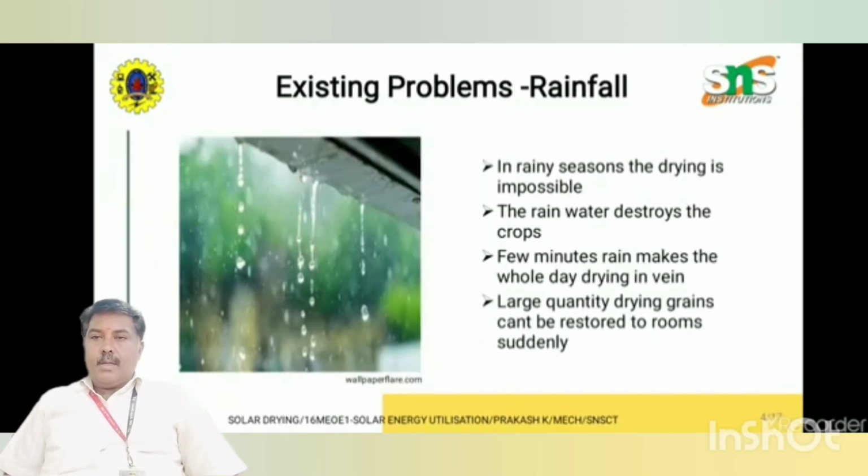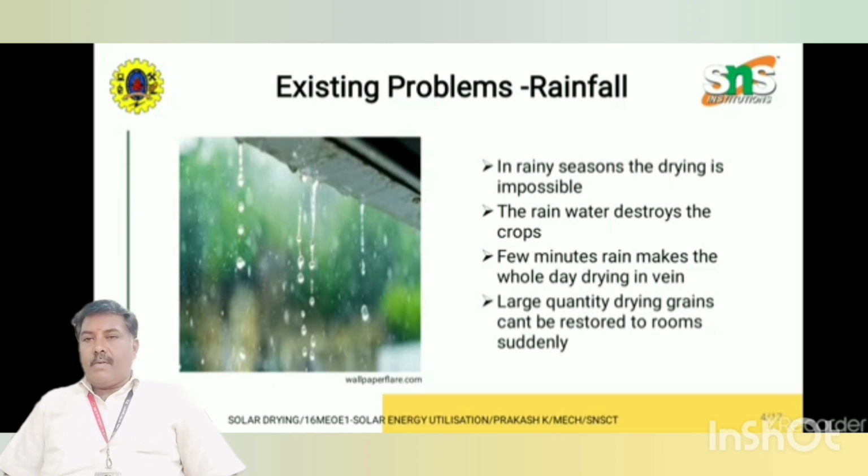If we go for the next existing problem, it is the climatic conditions. Drying is regularly made in all the seasons, but in rainy seasons it is impossible. As the crop is used for drying, because of the climatic conditions, it leads to severe losses in the quantity and quality of the dried product, as the rainwater destroys the crops.